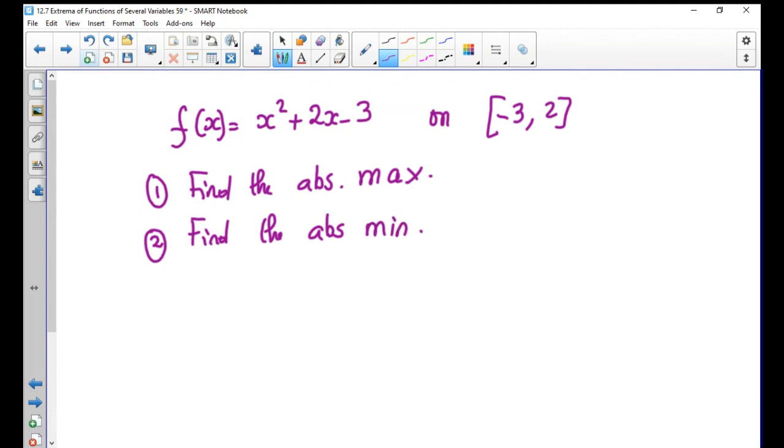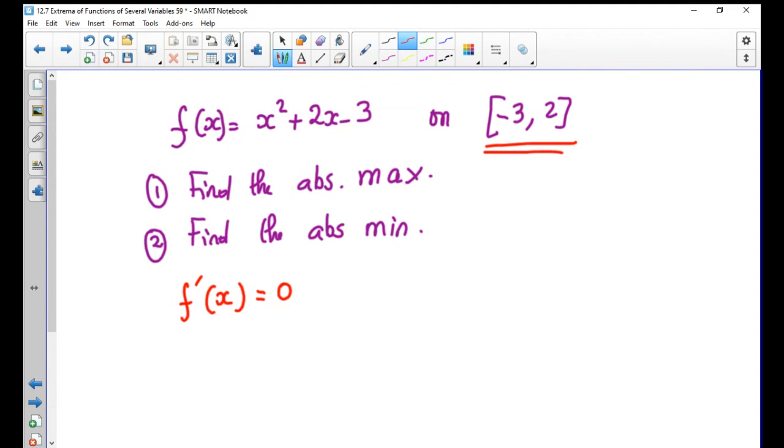Now, to do that, you would have done this in Calculus 1. First, you need to find the critical values of the function in the interval -3, 2. So first, you need to solve the derivative equal to 0. Pay attention, please, because for functions of 2 variables, we will follow more or less the same method.